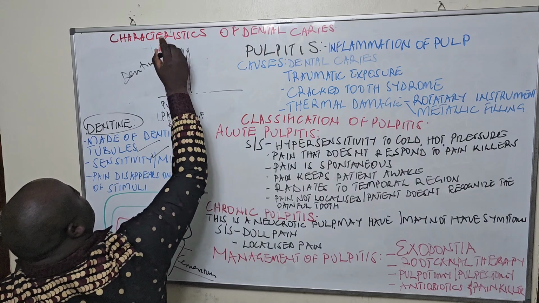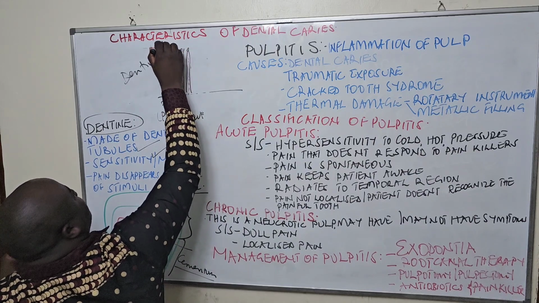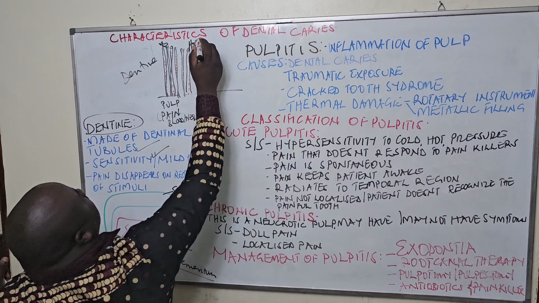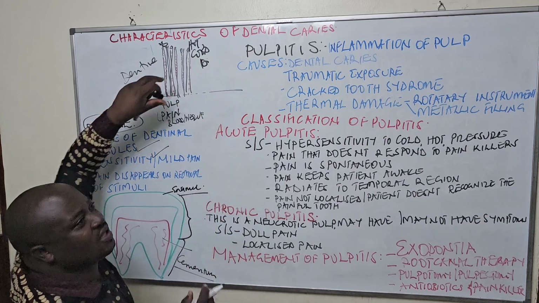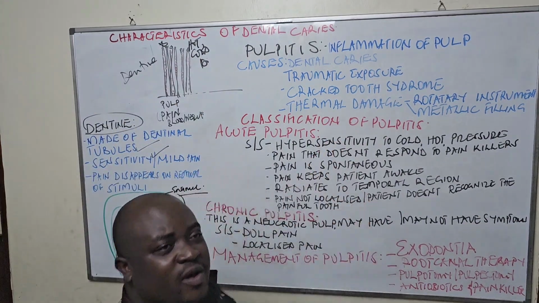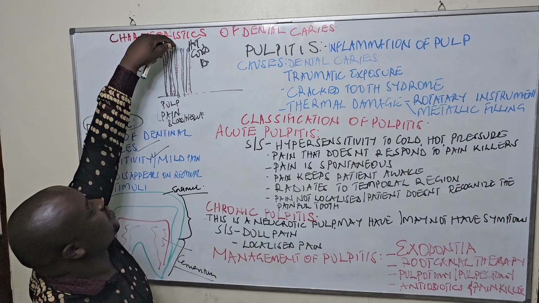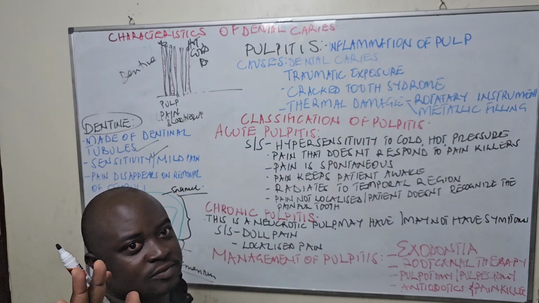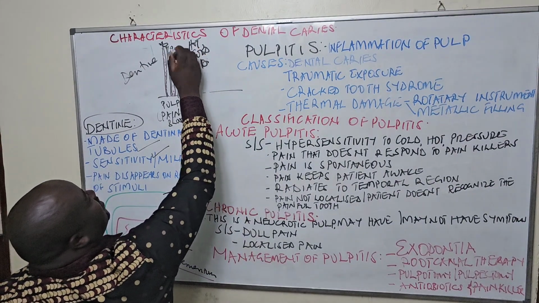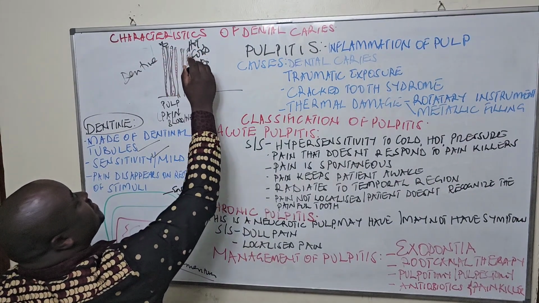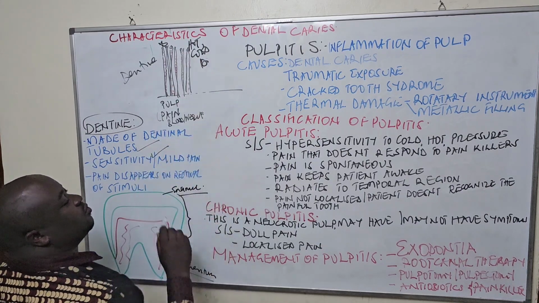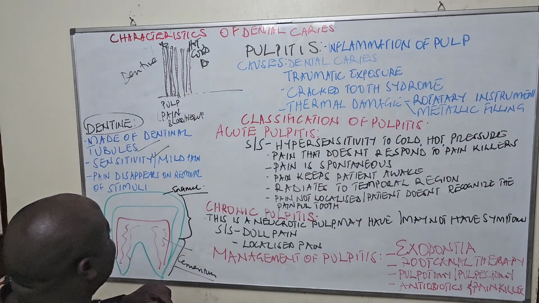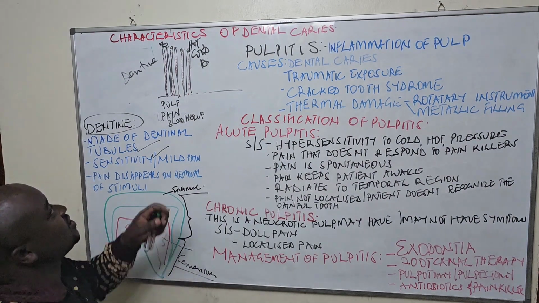Sometimes there is maybe something hot here, or there is cold, or there is pressure. All this, whether heat, cold, or pressure, is going to move through this fluid and is taken to the pulp. In other words, we are not having direct nerves and blood vessels in the what?